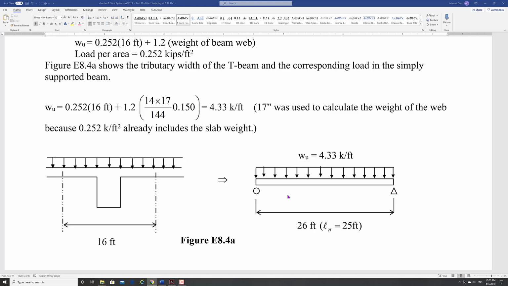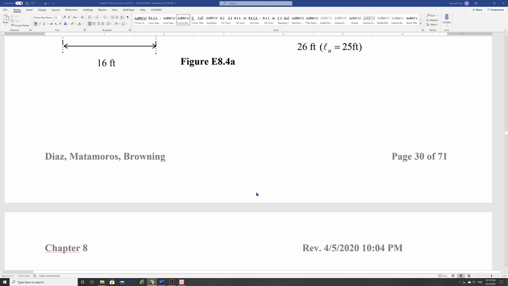Now, in this example, the beam is simply supported. In your project, which is what you already submitted, right, you have a continuous beam. And this is what you found already. You should have had this load, put it there in the continuous beam, and then using the coefficients, right, you found your moments. Okay? But this one is simply supported, so that's what we have. Okay, so 26 feet center to center, clear distance 25.